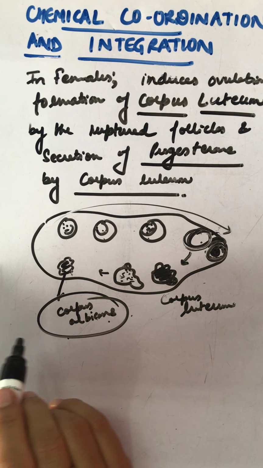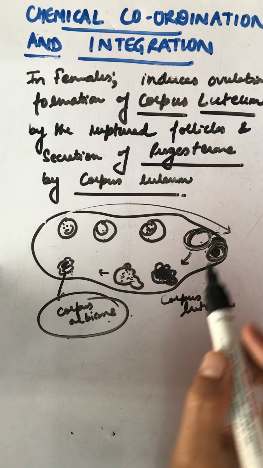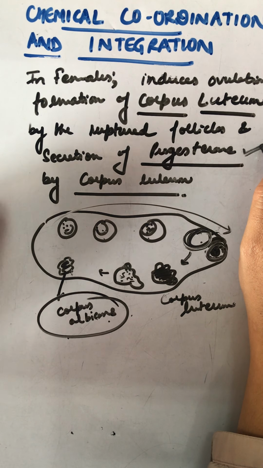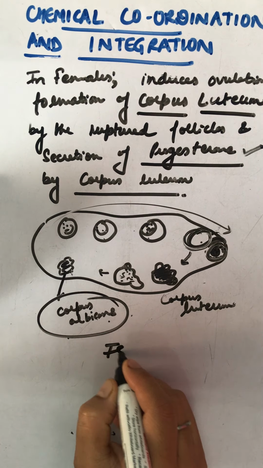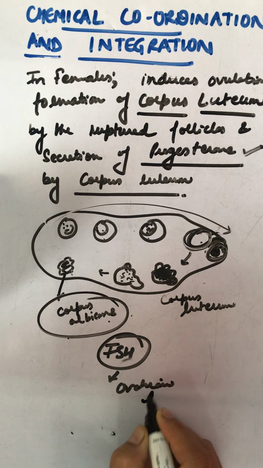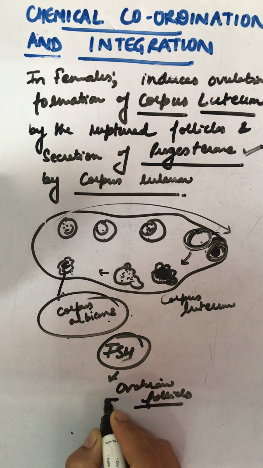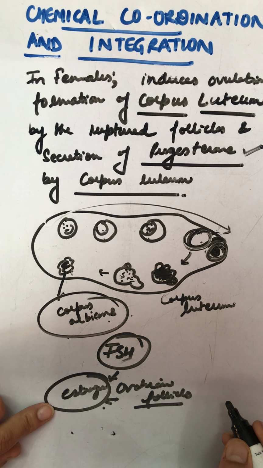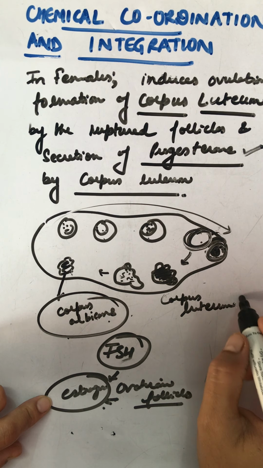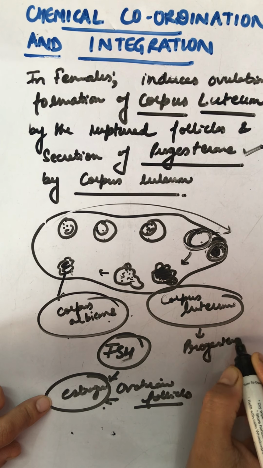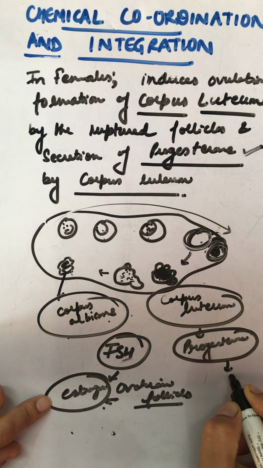Okay, so this is corpus luteum, and the regressing corpus luteum secretes progesterone. Why progesterone? Because what we have studied in FSH, in FSH your ovarian follicles secrete estrogen, meaning formation of ova, formation of egg is supported by this hormone estrogen, and the corpus luteum is secreting progesterone, which is responsible for maintaining pregnancy.